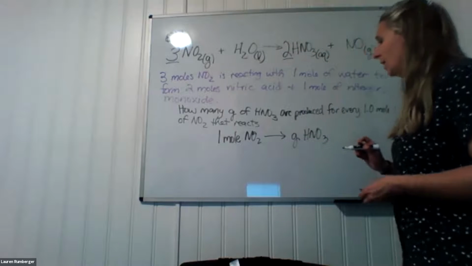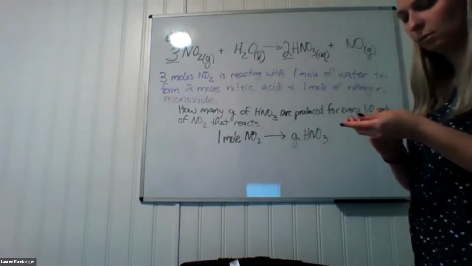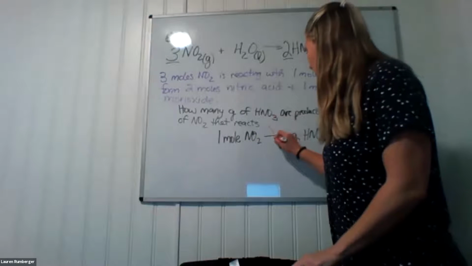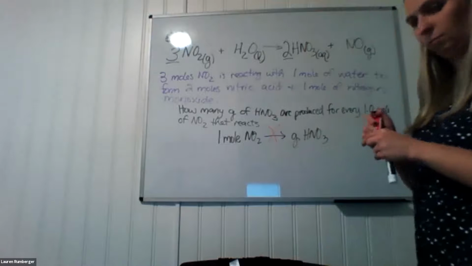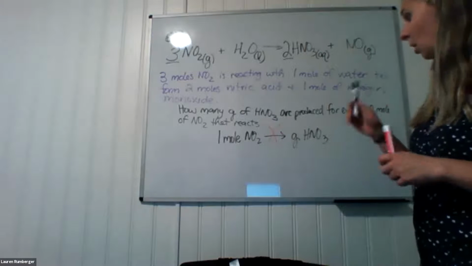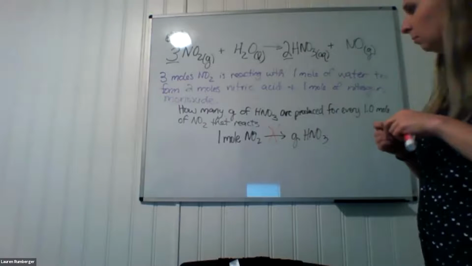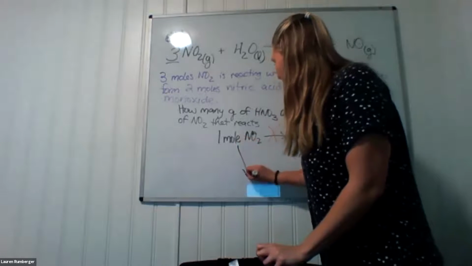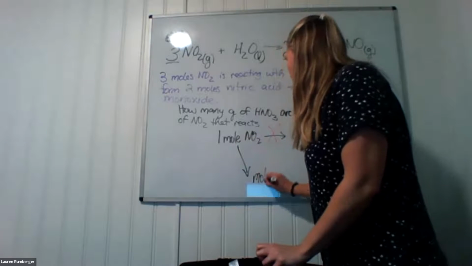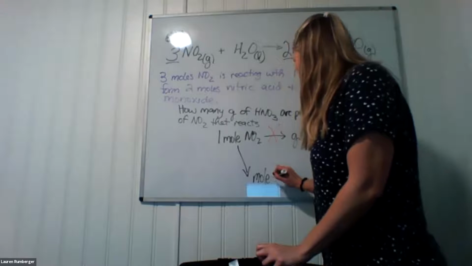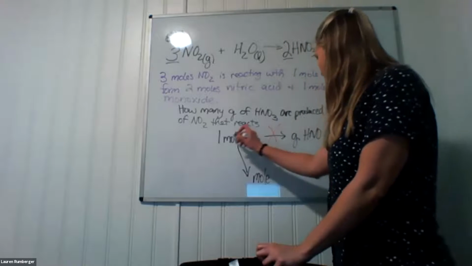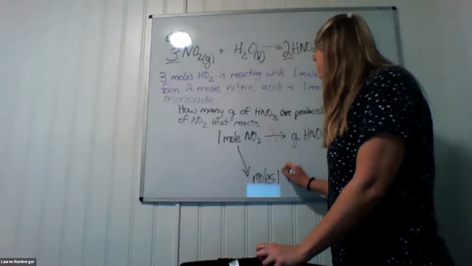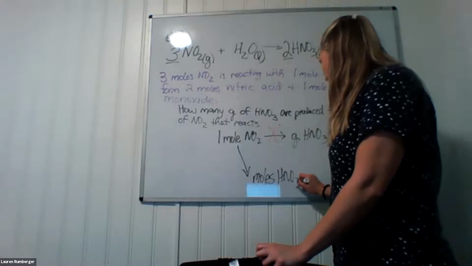HNO3. Now, we cannot convert directly from one substance to another substance. That's a no. We can't do that. But what we can do is convert from moles of one substance to moles of another substance. So we're going to convert this from moles of nitrogen dioxide to moles of HNO3.